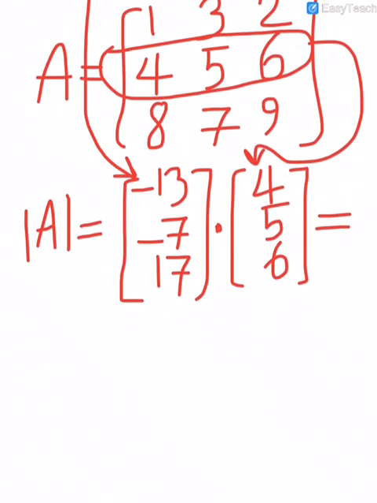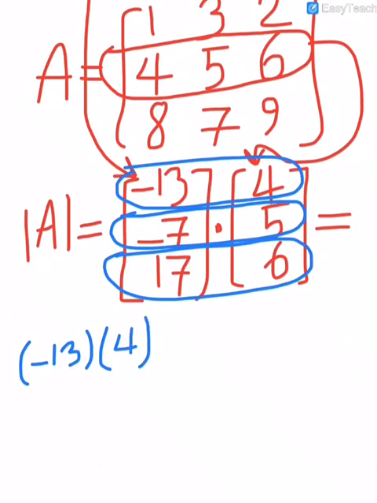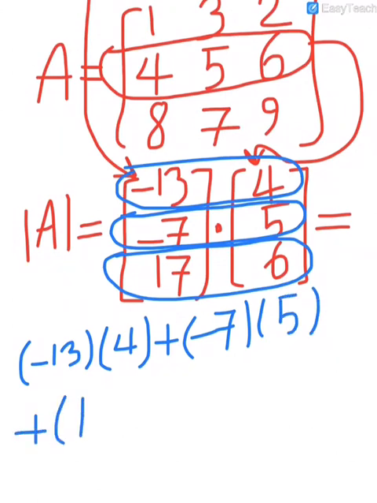You multiply each element and you sum all of these. So it will be minus 13 times 4, plus minus 7 times 5, plus 17 times 6.